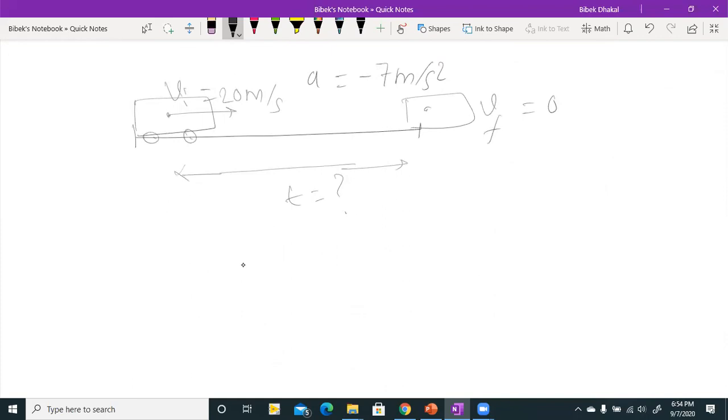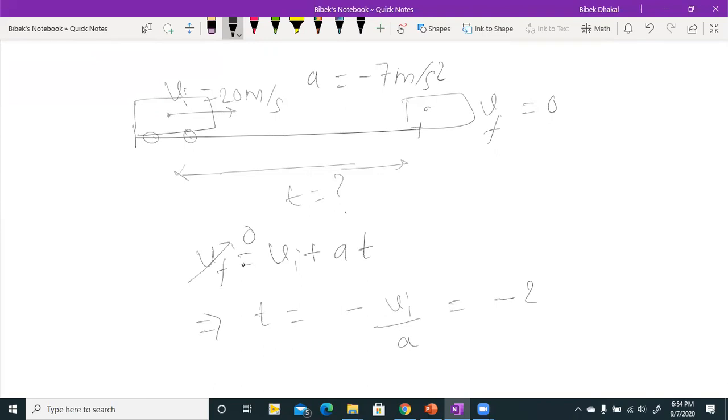The easiest one will be the equation of motion involving velocity, acceleration, and the time. That's V final is V initial plus A times the time. Since your final velocity is 0, you can find T as -Vi over A. So you're -20.